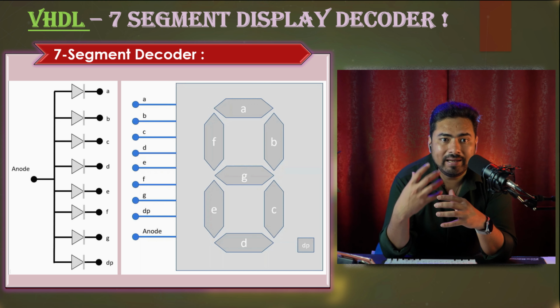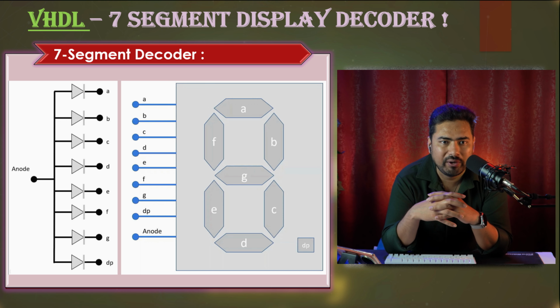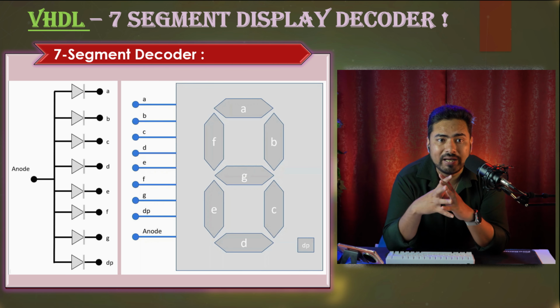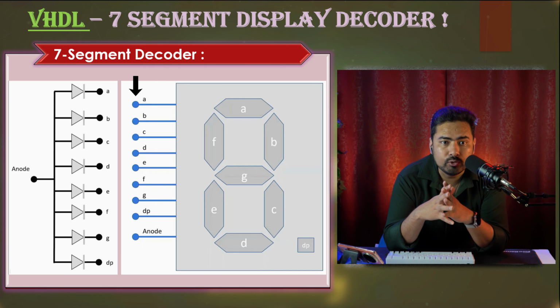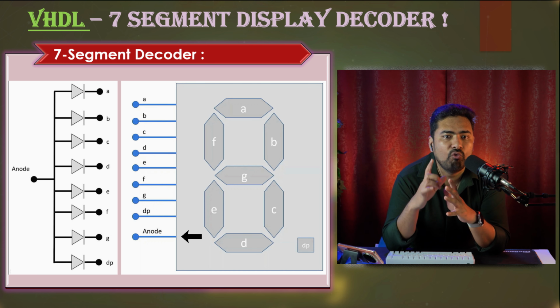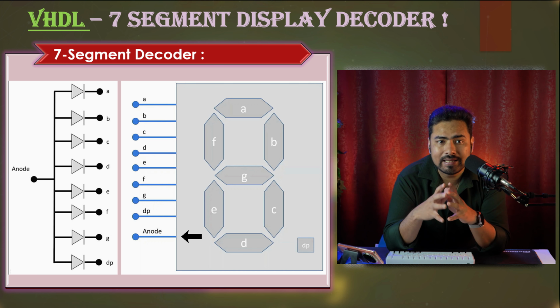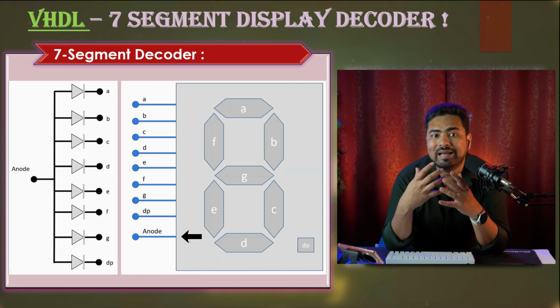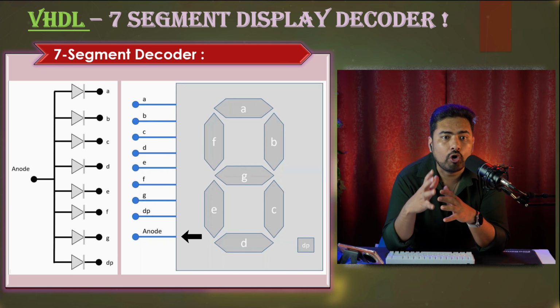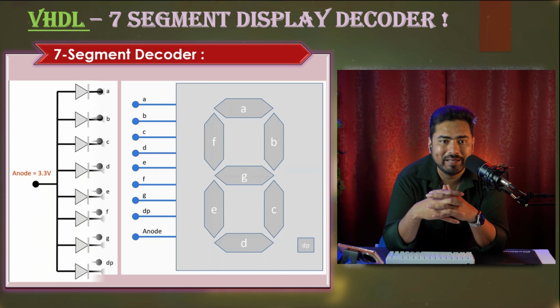So these are a total of 8 LEDs including the decimal point. And you can control each LED individually by using your 7 segment pins. All the LEDs have one common terminal. This can be the anode terminal if you have a common anode type 7 segment display, or it can be the common cathode terminal if you have a common cathode type 7 segment display.